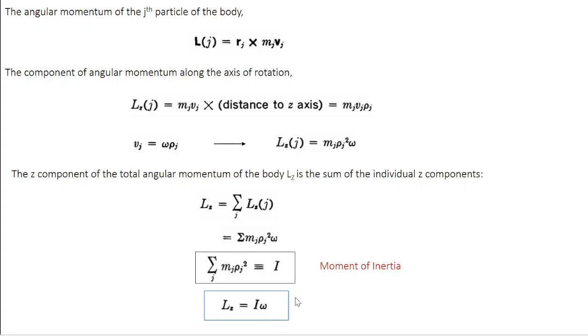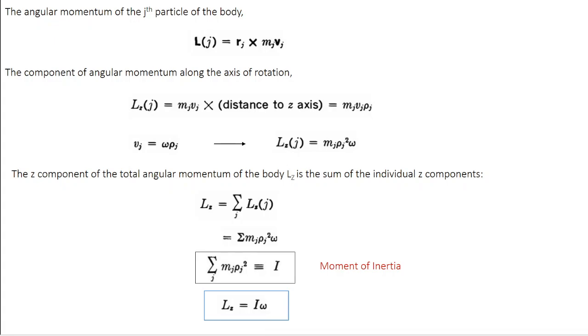So if you look at the expression for linear momentum, p equal to mass m into linear velocity v, you simply change the parameters with the corresponding angular parameters. Instead of p, you have L here. Instead of m, you have I here. Instead of linear velocity v, you have angular velocity omega here.